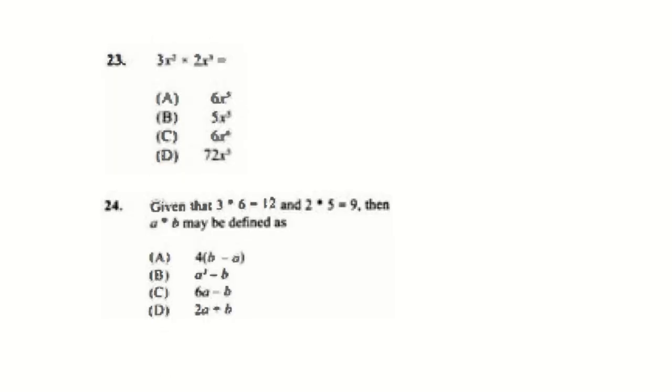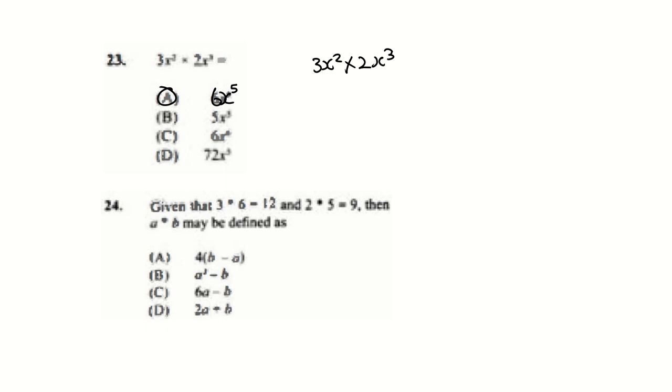This question here is 2x squared times 3x squared multiplied by 2x cubed. We know that the answer was 6x. This is a little bit blurry, but you're just looking for 6x to the power of 5.